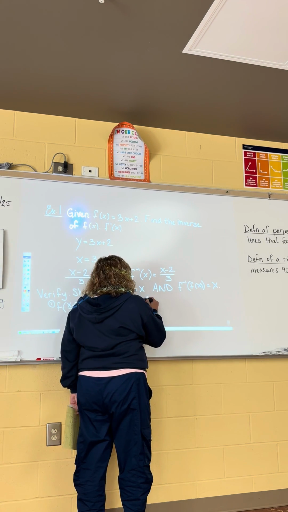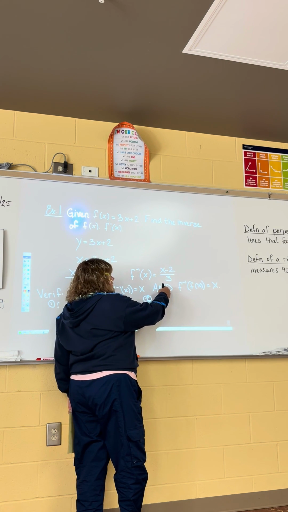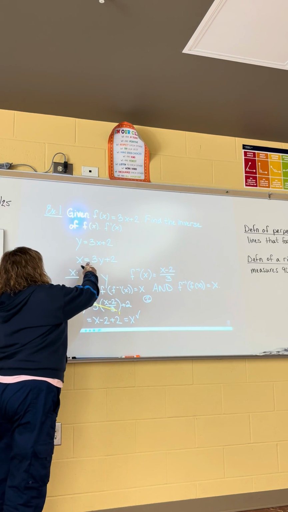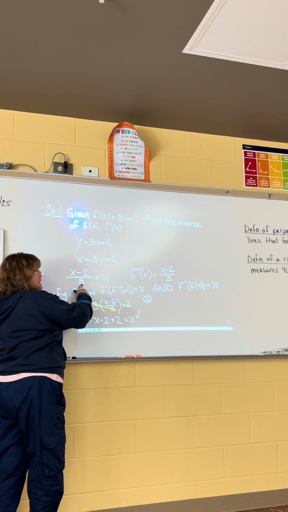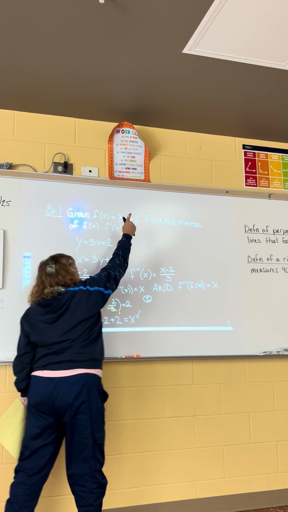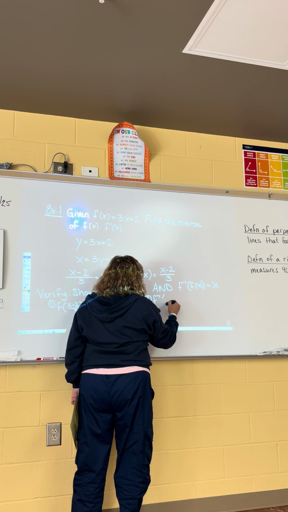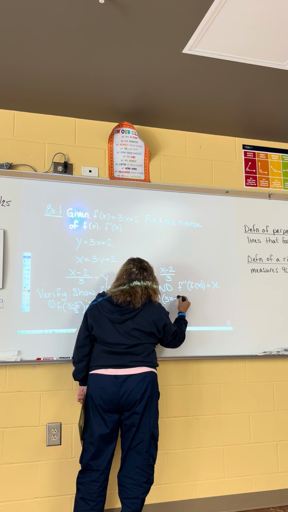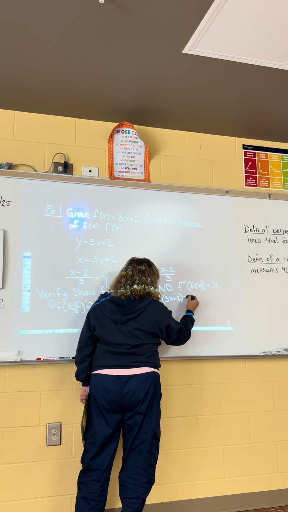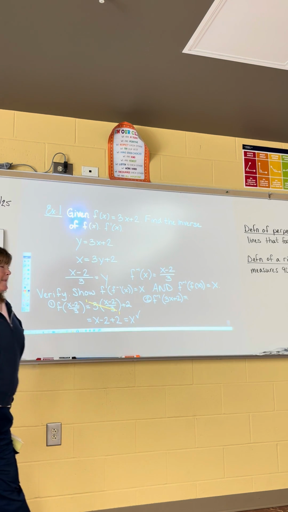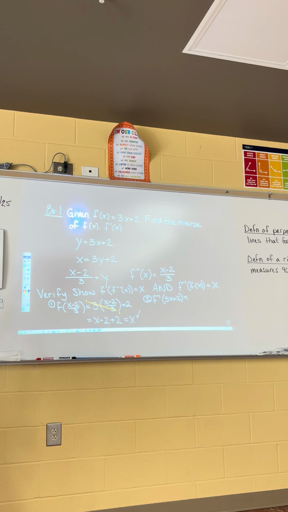Okay, now, notice it says and. Now we have to take our inverse, which is x minus 2 over 3, and plug x in. So we have to do f inverse of 3x plus 2. I'll let you do that one by yourself.